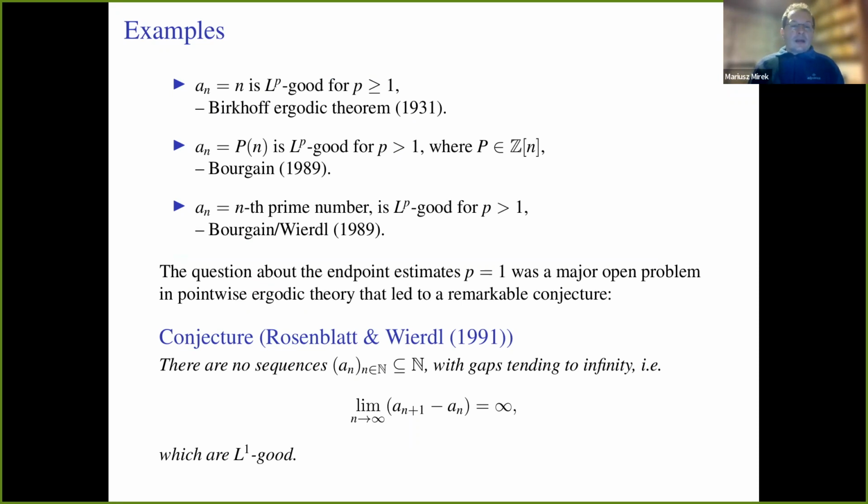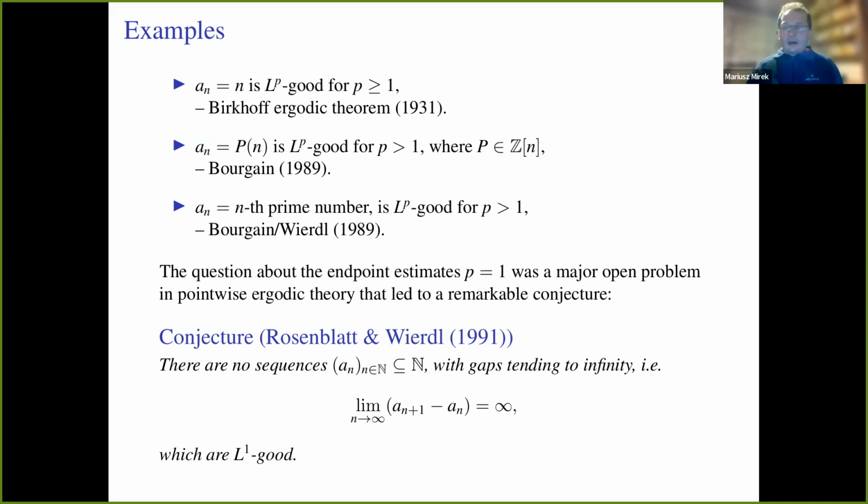And Bourgain's theorem implies that for polynomials, this sequence is L^p good whenever p is bigger than 1 and P is any polynomial with integer coefficients. Bourgain at that time also considered the sequence of prime numbers.